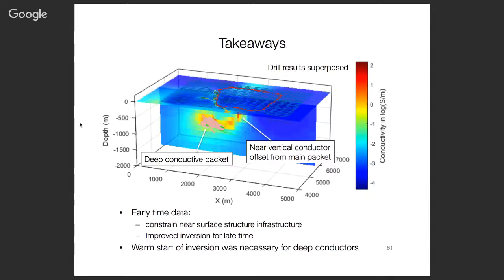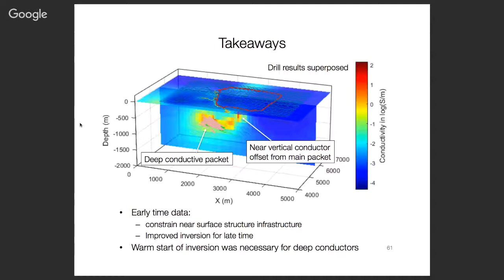So I think our take-home message for that was that the early time data are actually important for constraining the structure and improving the inversion at late time. So we can imagine that for the AEM. And so you've got magnetotelluric data, and you're trying to invert them, right? You don't have very early times or high frequencies.